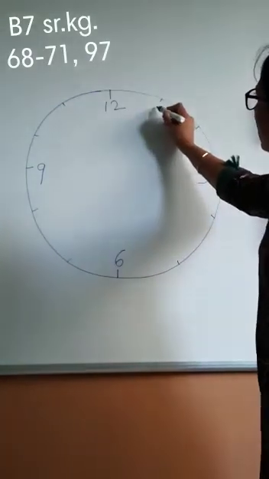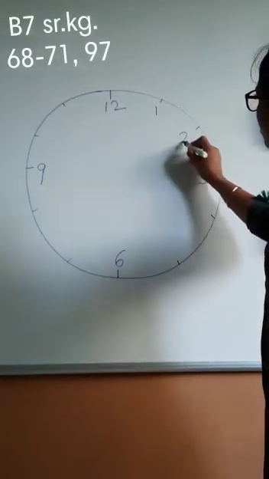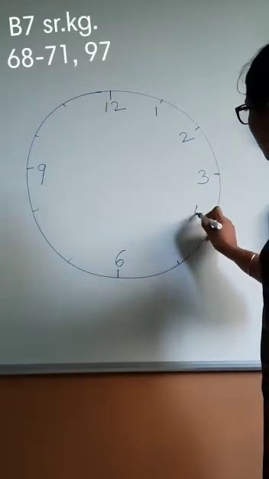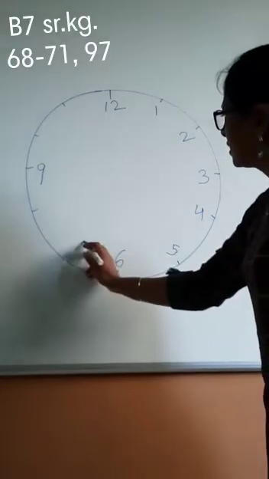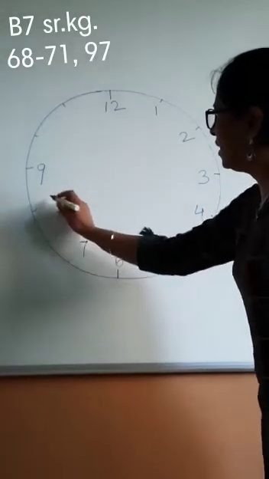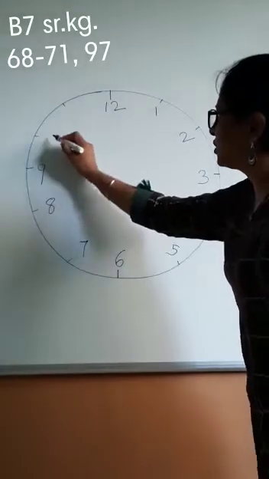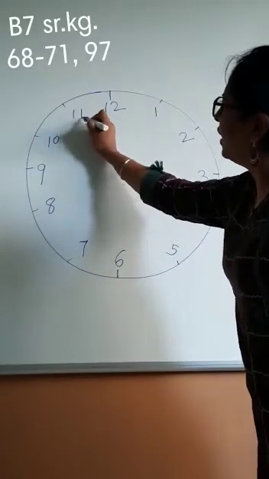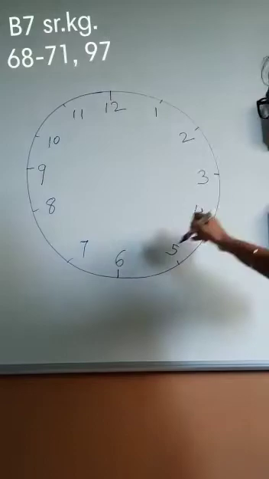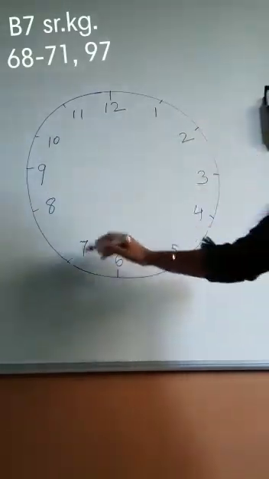Write the remaining numbers 1, 2, 3, 4, 5, 6, 7, 8, 9, and 10, 11, and this is 12. So these are the numbers on the clock.